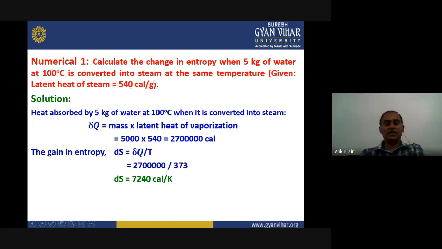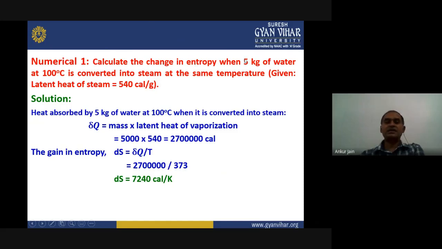We have to convert it into gram because the latent heat is given in gram. So 5,000 into 540 becomes 270,000 calories, right?